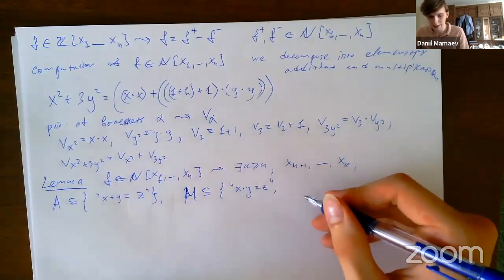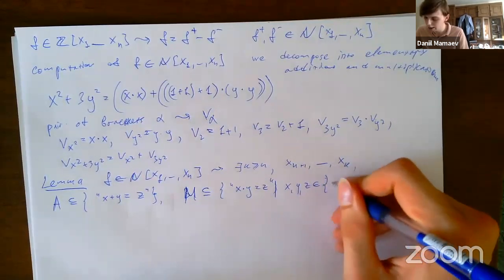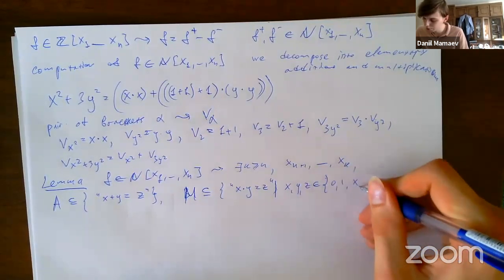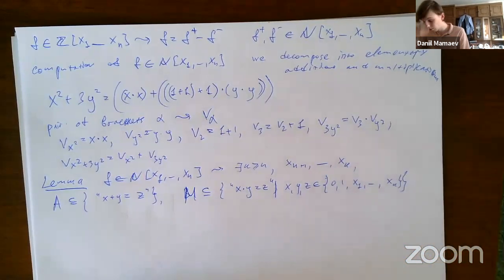Here x, y, z are some elements of the variables we introduced, and 0 and 1.